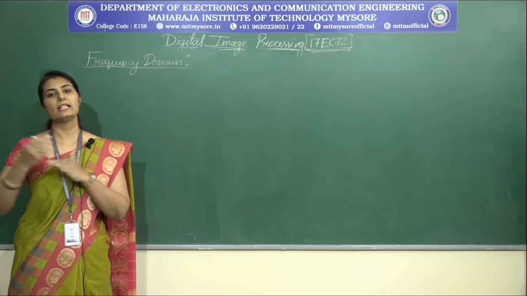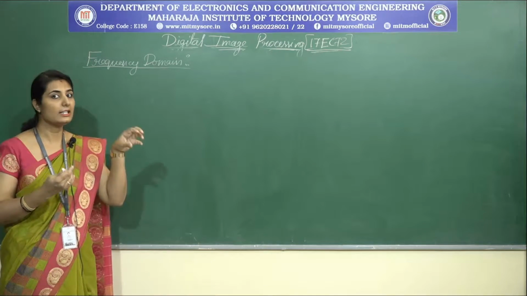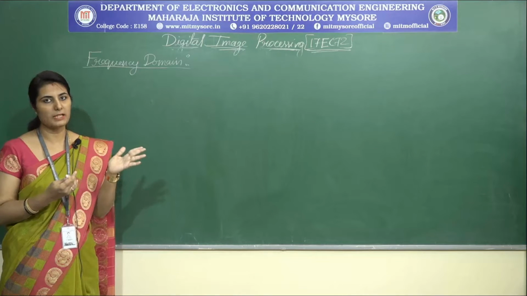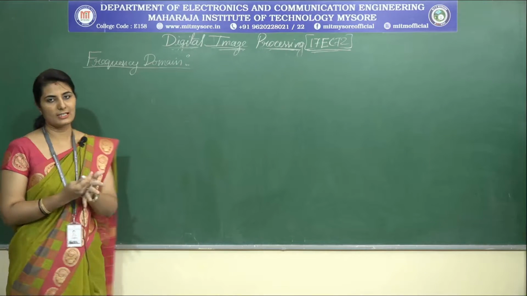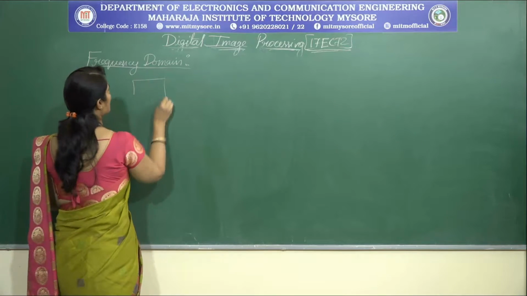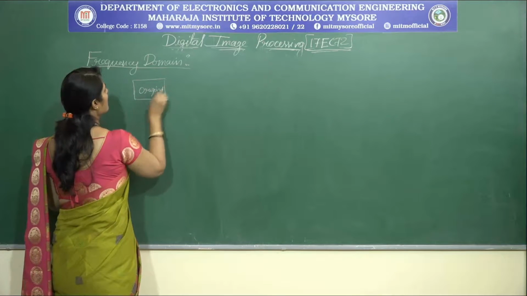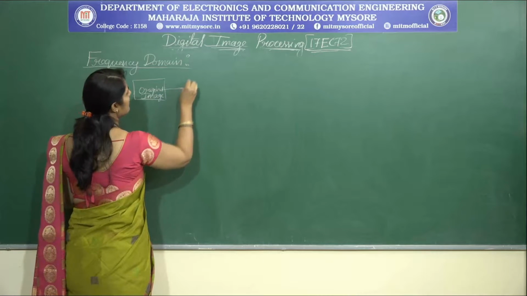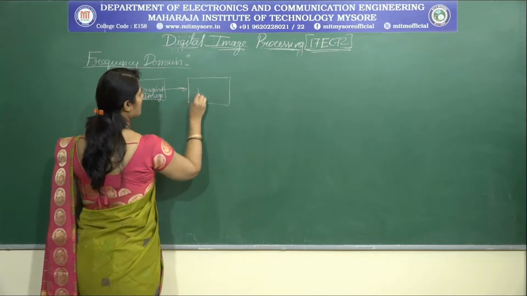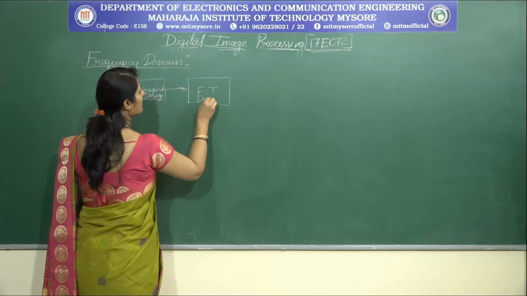In the spatial domain we perform operations directly on the pixels present on the image plane, whereas in the frequency domain, the original image is first converted into the transform domain, that is the Fourier transform domain.